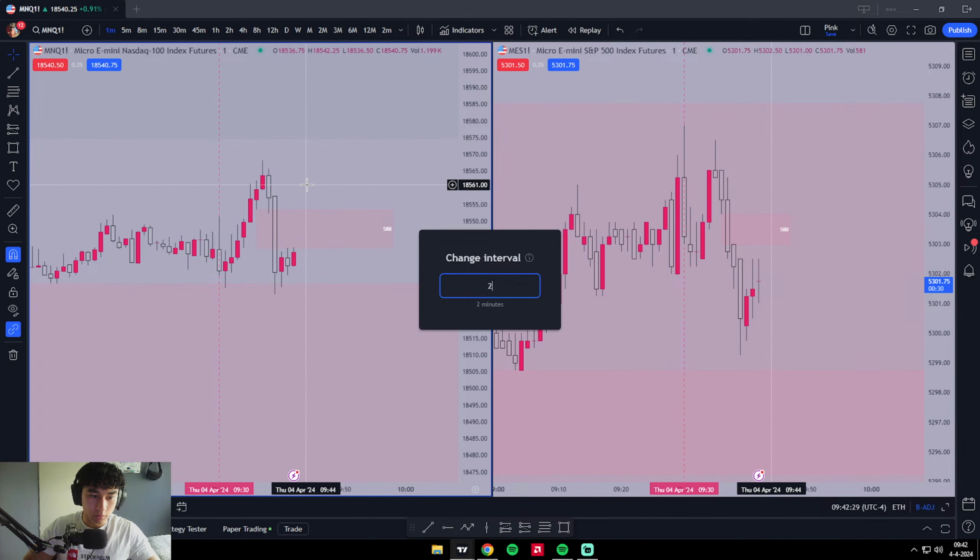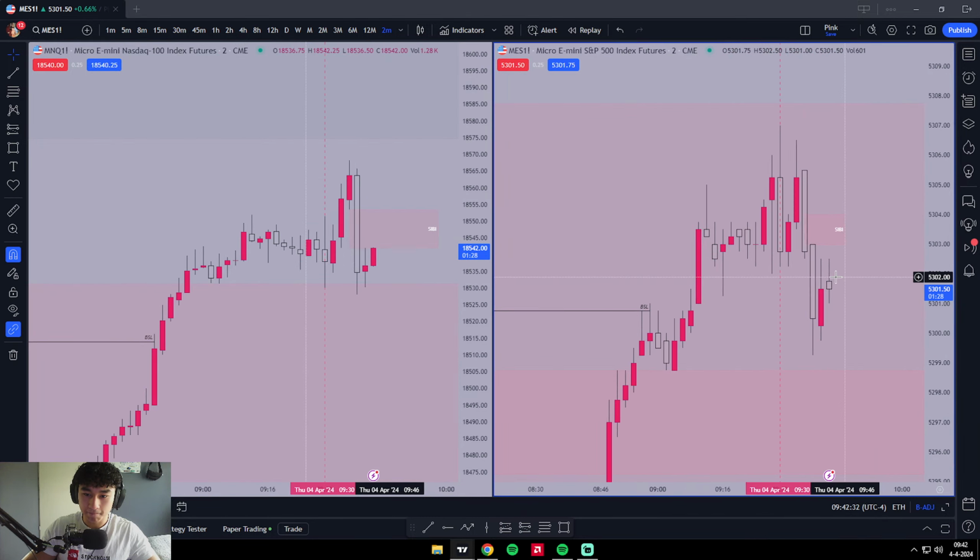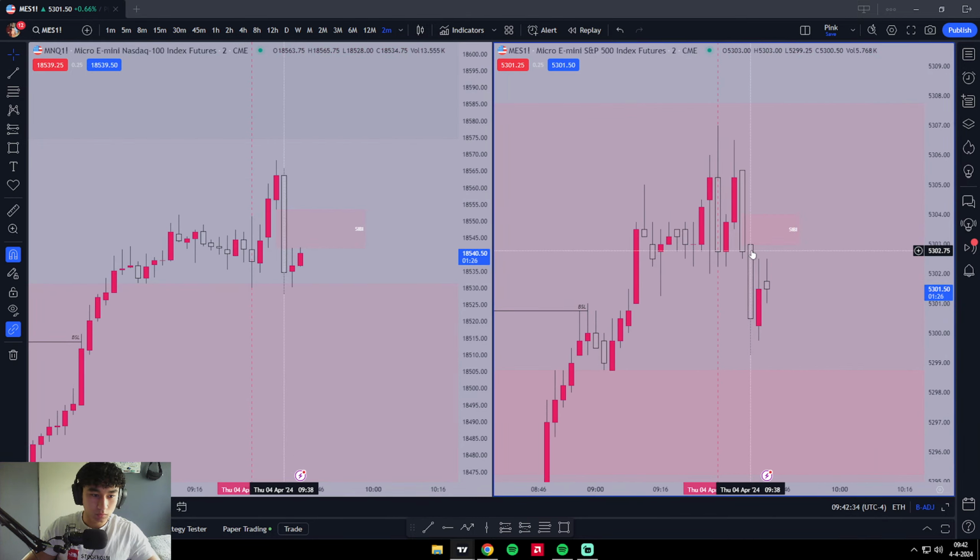And then NQ also. I think we are going to go above this higher.